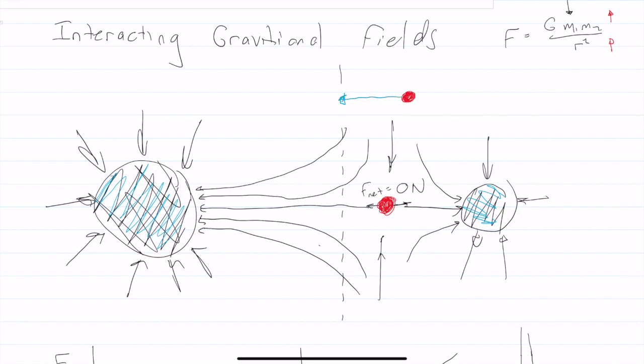On the left-hand side we have r going down and mass going down, but r is squared, so the numerator is getting smaller at a faster rate. So these forces will actually balance each other. Somewhere in this region between the midpoint and the smaller mass, we will have a net force, F net, equal to 0.